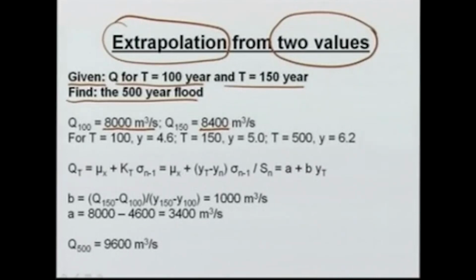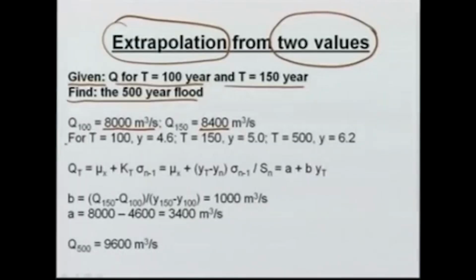So, on an average 8000 meter cube per second of maximum annual flood can be expected once in 100 years, 8400 meter cube per second expected once in 150 years. And what we want is, what will be the flood which can be expected once every 500 years. So, for T equal to 100 we have already seen y is 4.6, for T equal to 150 we can obtain y as 5.0, and for T equal to 500 y is 6.2.